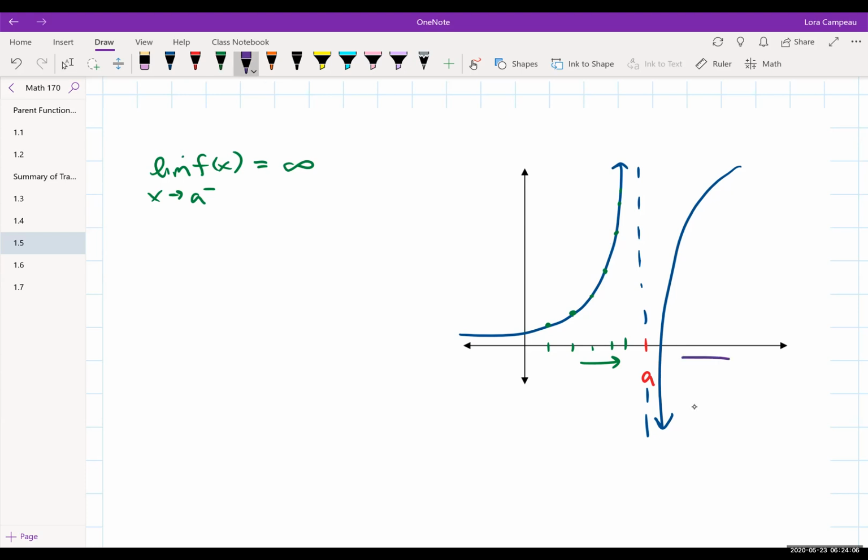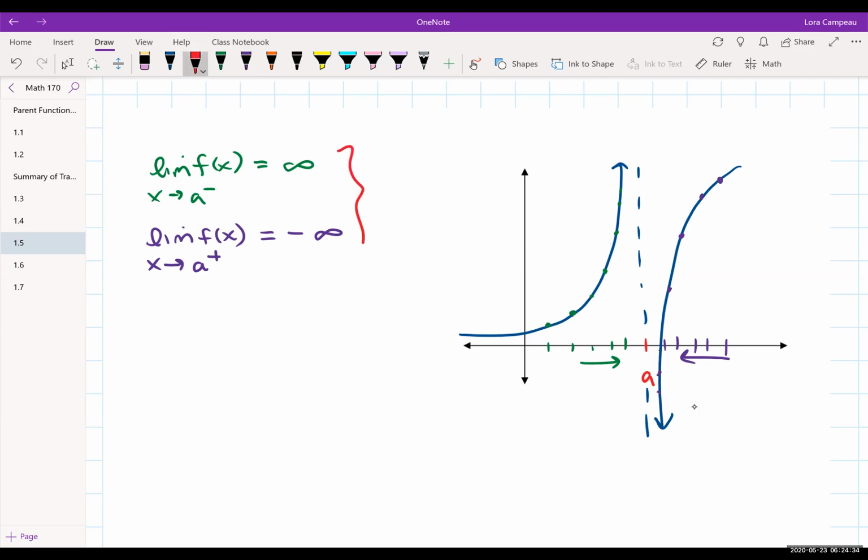And similarly, if we go from the right-hand side, get used to writing this limit notation. We're going to have to write this a lot in the next few sections. The limit of f of x as x approaches a from the positive side or right-hand side. If we look at all those corresponding y values, it appears that they're getting lower and lower forever and ever. So they're actually going to negative infinity.